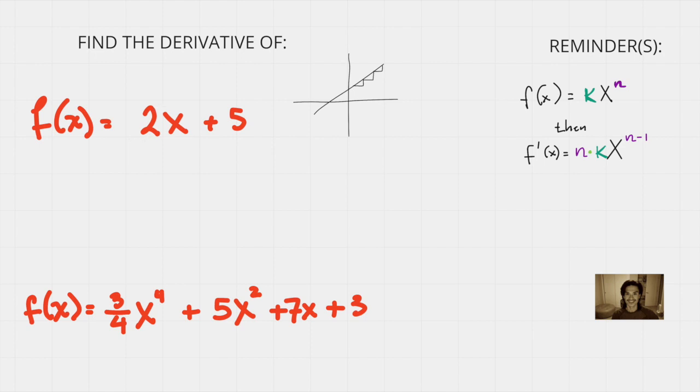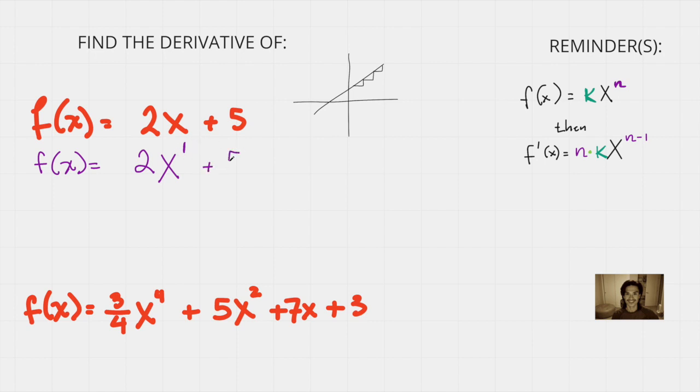In this case, to make things a bit clearer for you guys, I'm going to rewrite this function so that we can see a power. Obviously, in this case, the power here is x to the power of 1. We do have a constant of 2, and that 2 in this case is the k, and the n in this case is the 1.